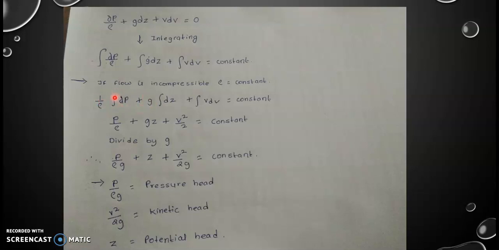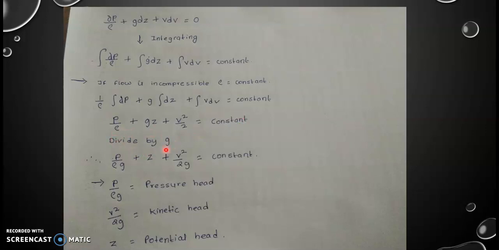The integration of dp will give p, integration of dz will give z, and integration of v dv will give v square by 2. So finally we get p divided by rho plus gz plus v square by 2 is equal to constant.